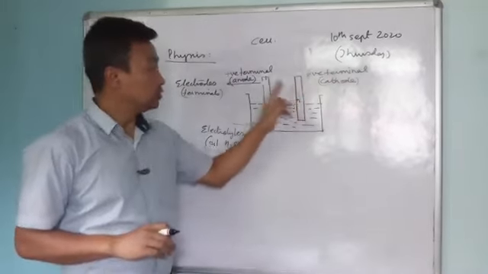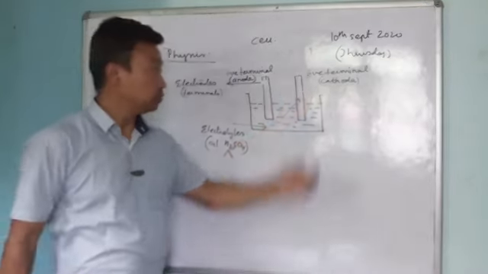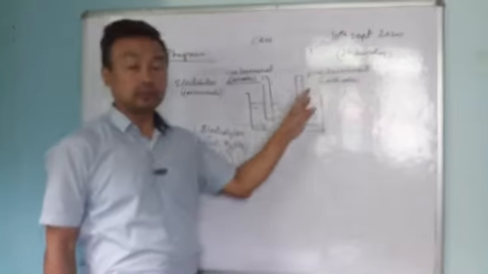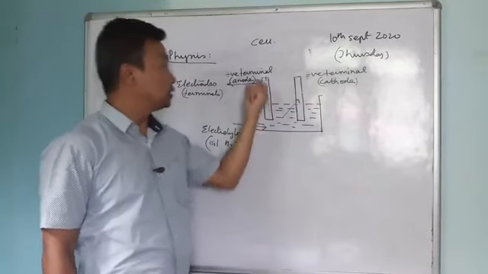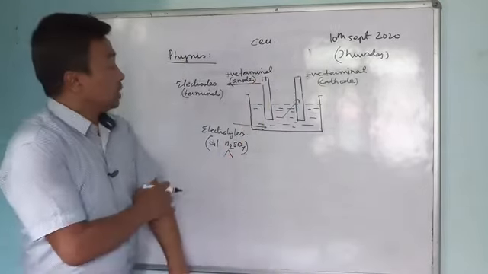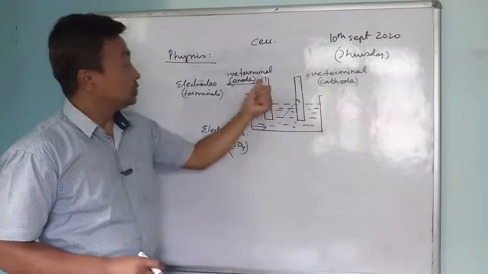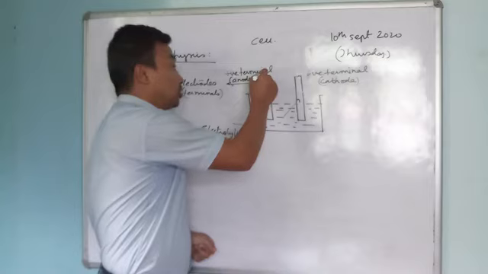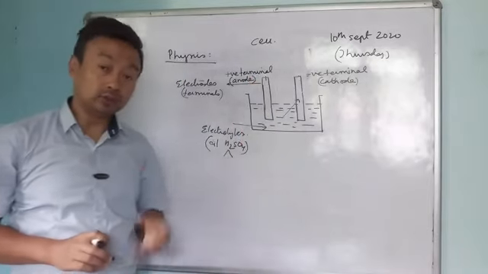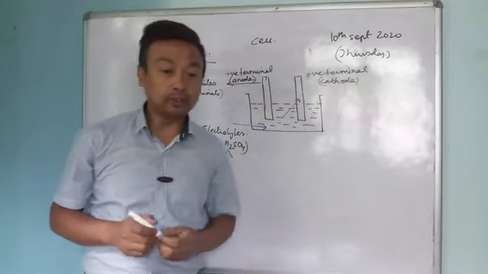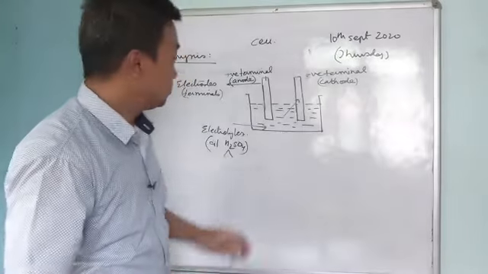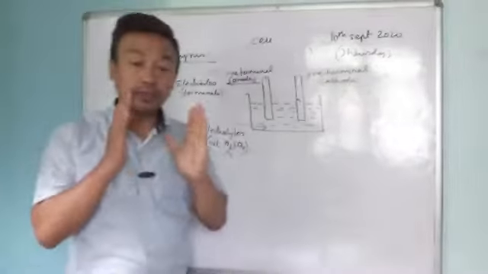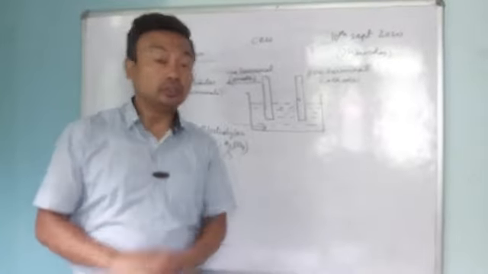We have two electrodes here. One is the negative terminal, where you have an excess of electrons, and the other is the positive terminal, which has a deficiency of electrons. Now what happens is that in a cell, these two electrodes maintain a difference of potential.